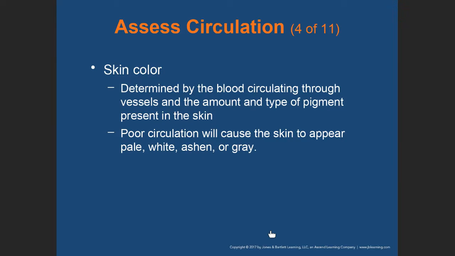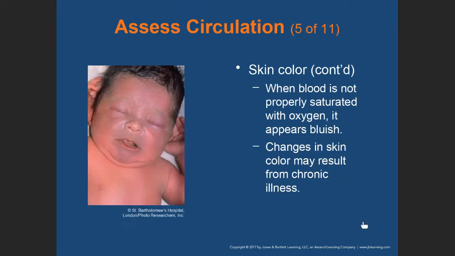Poor circulation will cause the skin to appear pale, white, ashen, or gray. When the blood is not properly saturated with oxygen, it will start to look blue or have a grayish color. Changes in skin color may result from chronic illness.